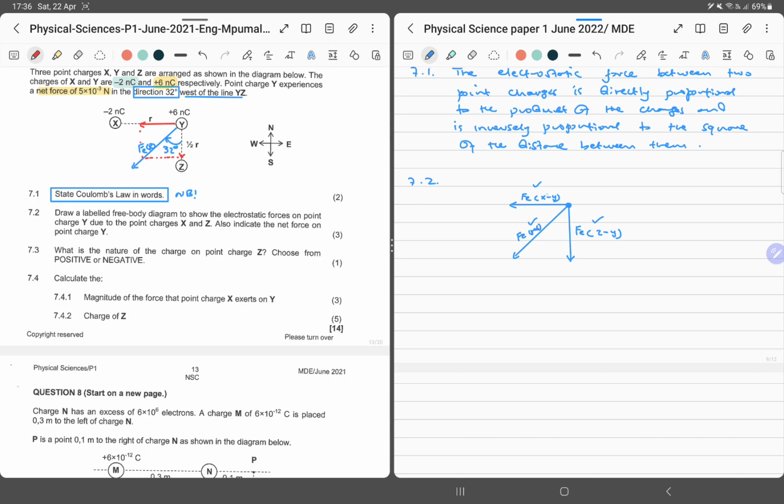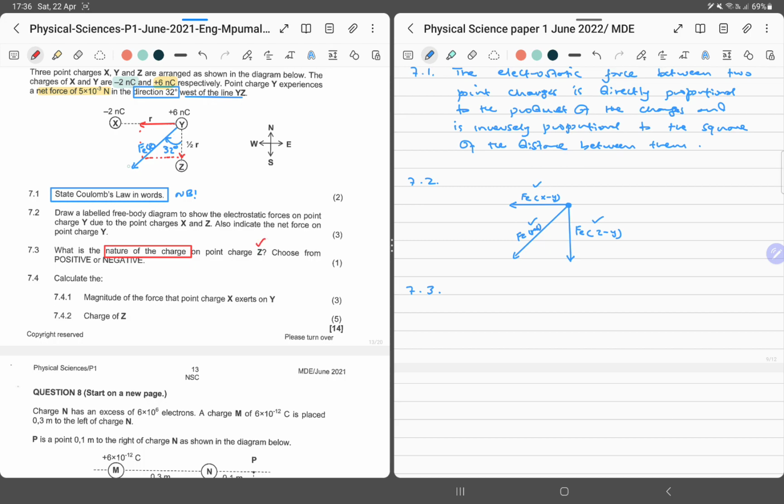You can write the names in full here, because I don't think there's a particular notation that is acceptable unless I don't remember something. Either way, your teachers have done a great job in teaching you something. Now it says, what is the nature of the charge on Z?